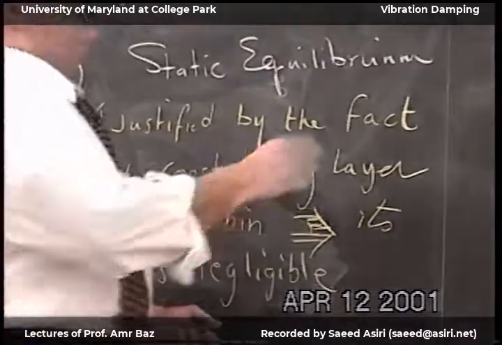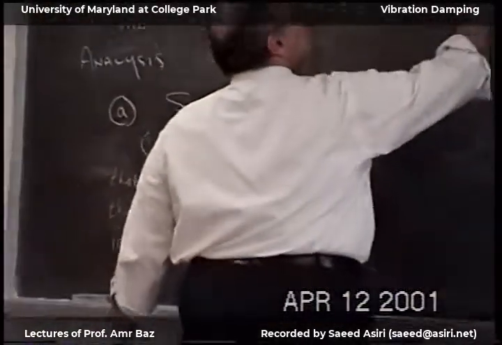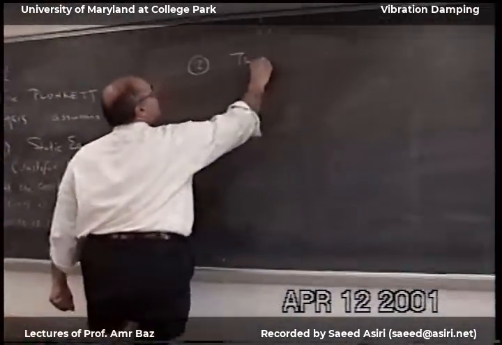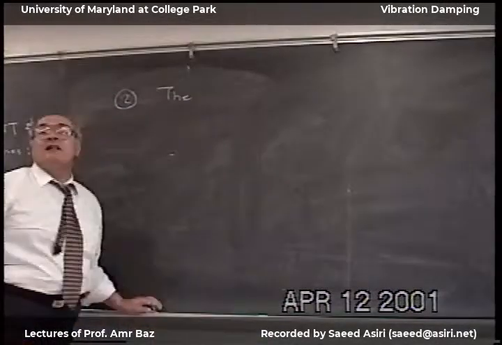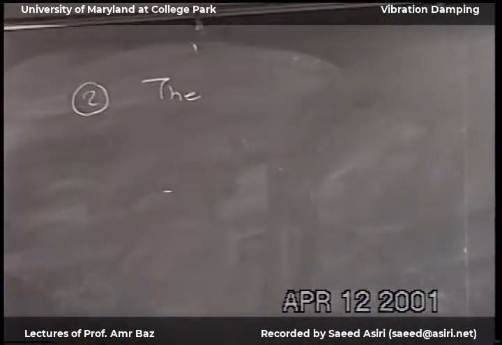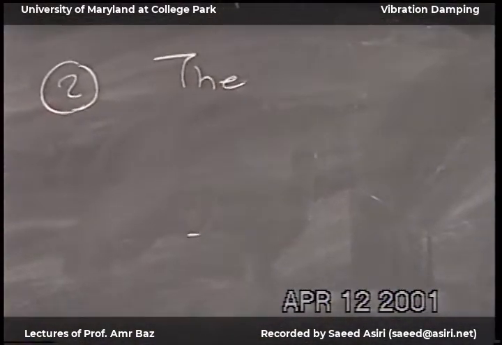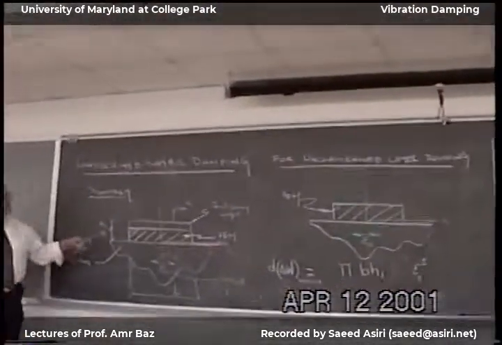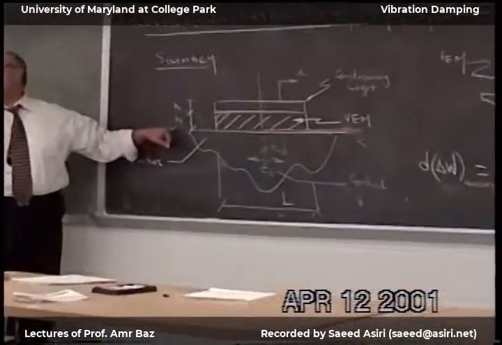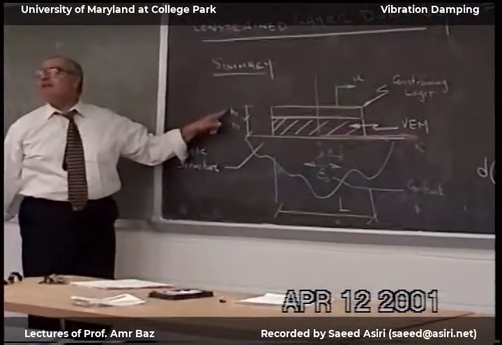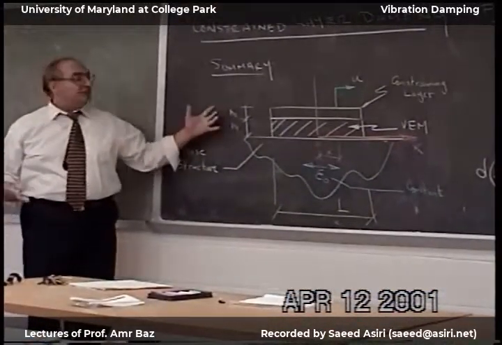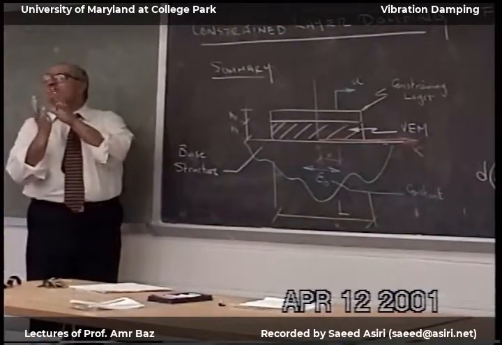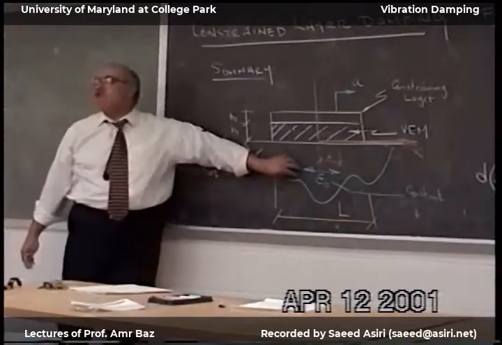Second thing, which is very important: we looked at viscoelastic material property. We looked at constraining layer material property. These two things, I am using them to dampen this structure.